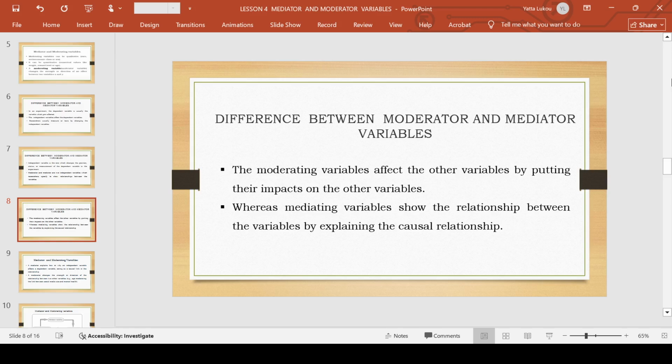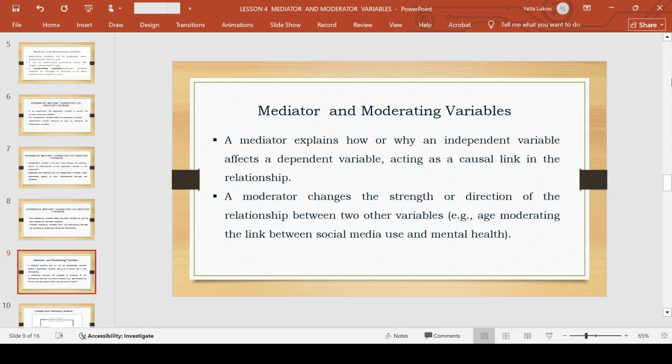Difference between moderator and mediator variables. The moderating variables affect the other variables by putting their impacts on the other variables, whereas mediating variables show the relationship between the variables by explaining the causal relationship.